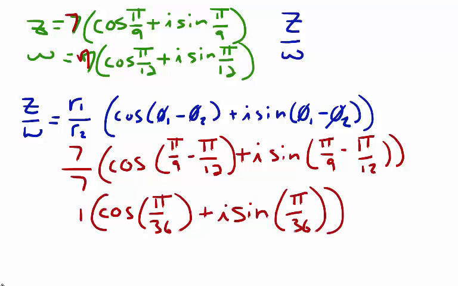And of course this 1 out in front we can erase, because 1 times anything is itself. So our result for the quotient z divided by w equals cosine pi over 36 plus i sine pi over 36.